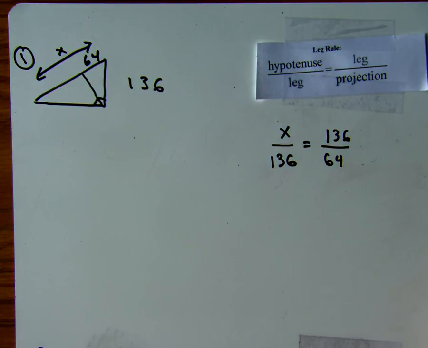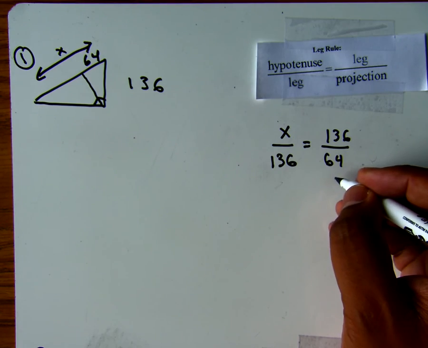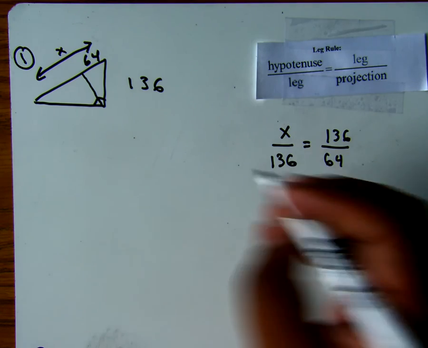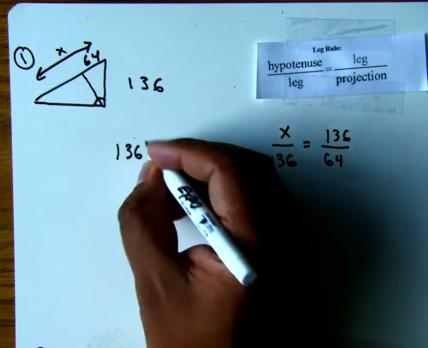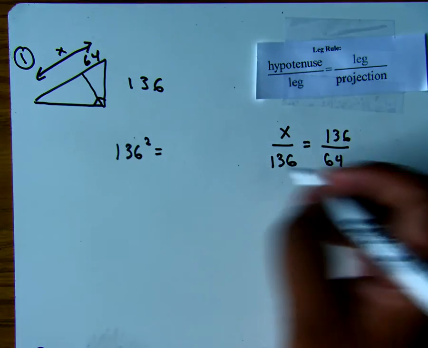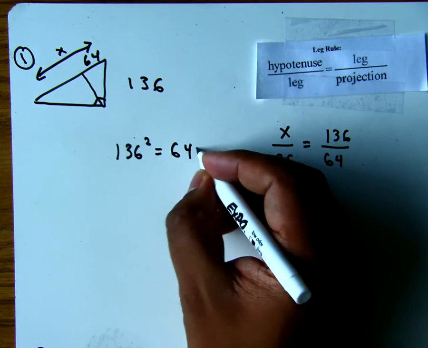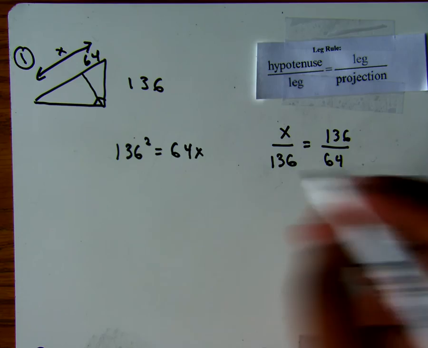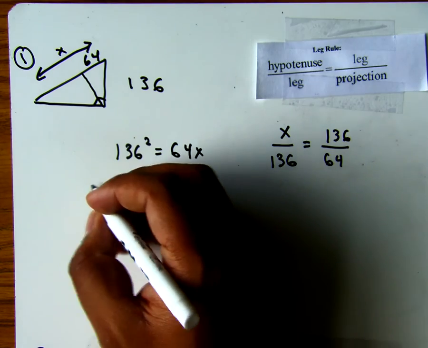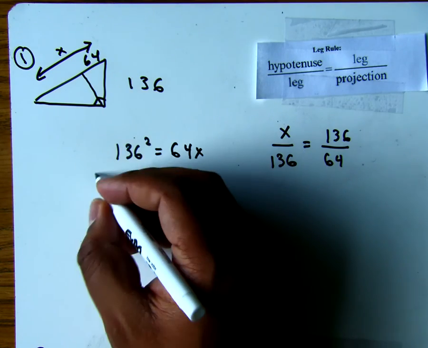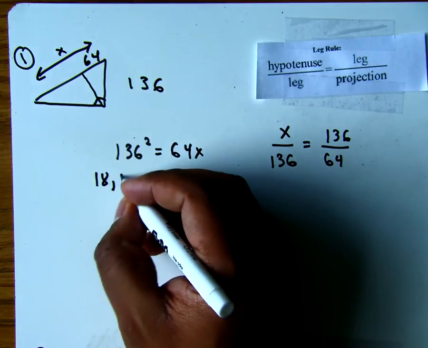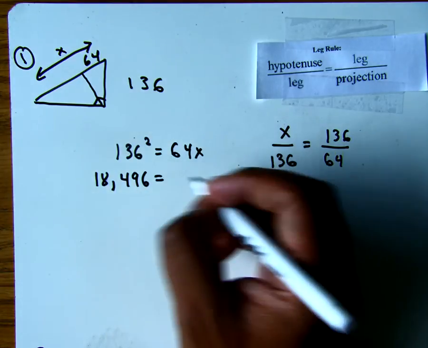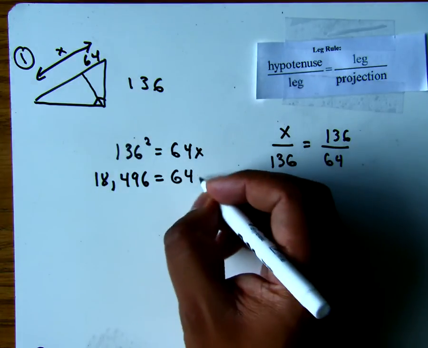Once we get here, we're just going to cross multiply and solve. So I'm going to cross multiply here, and I have 136 squared is equal to 64x. And 136 squared is 18,496, equal to 64x.